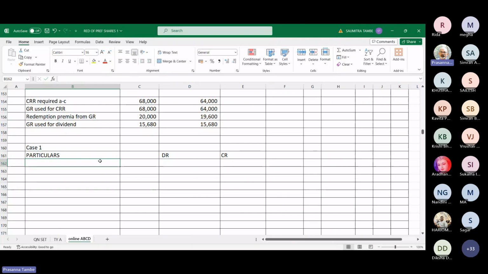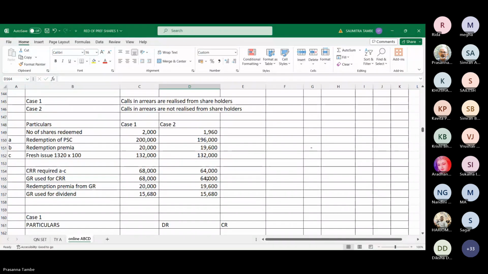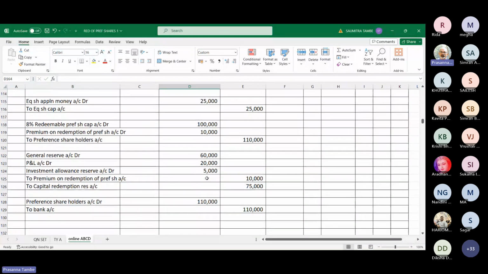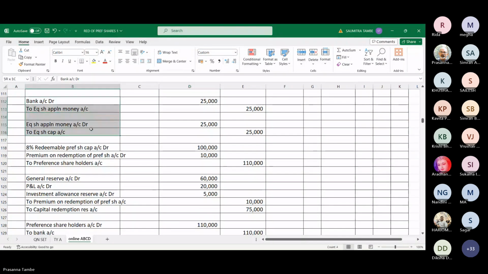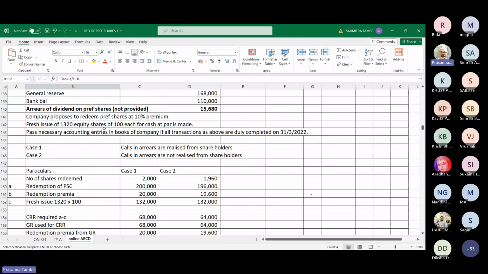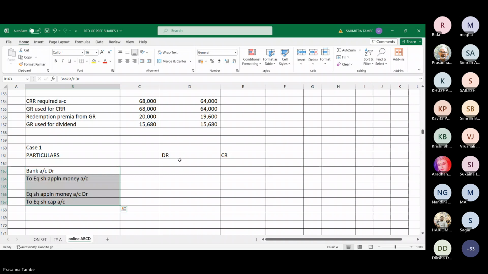So firstly, fresh issue. Actually, I can copy those entries. This is the advantage of using Excel. Bank account debit to equity share application money account, and equity share application money account debit to equity share capital account.